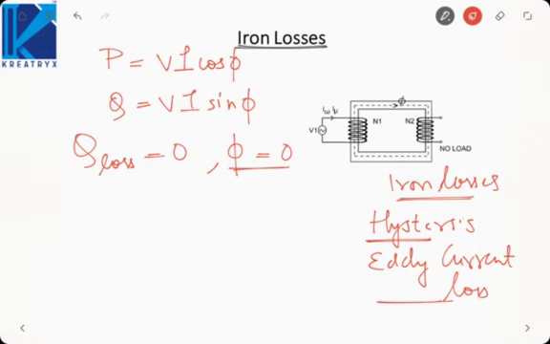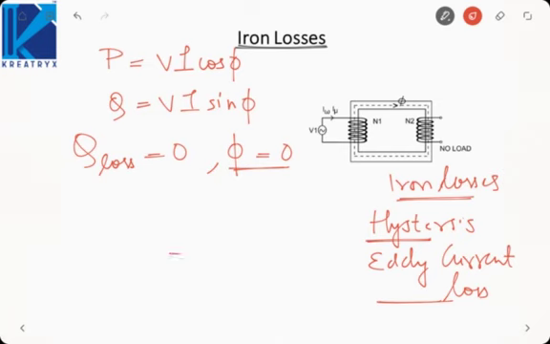So the source will deliver a current which I am calling the loss current. There are certain losses in the transformer, and to compensate those losses, the source will have to supply some current, which is called my loss current. And remember, the voltage applied and the loss current should always be in the same phase, because losses consume only real power and no reactive power.